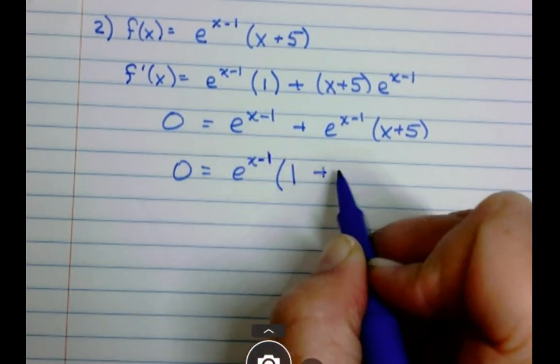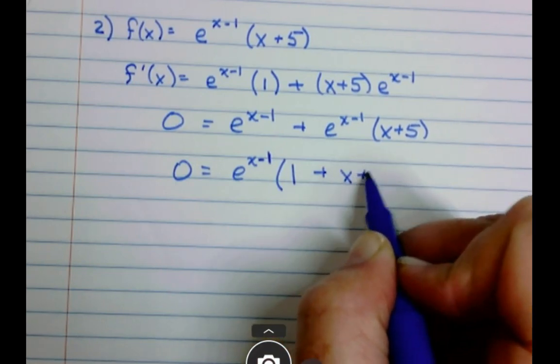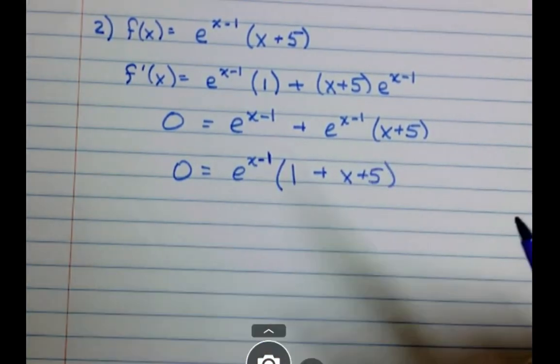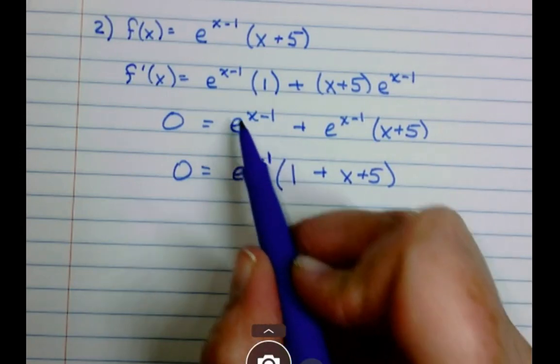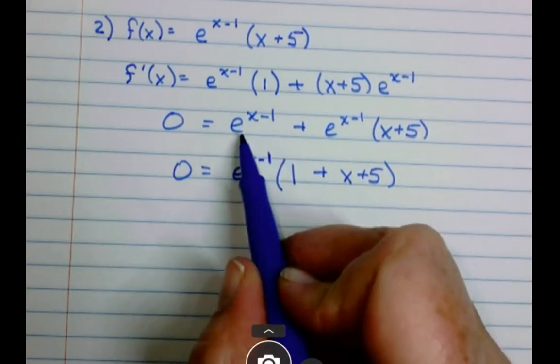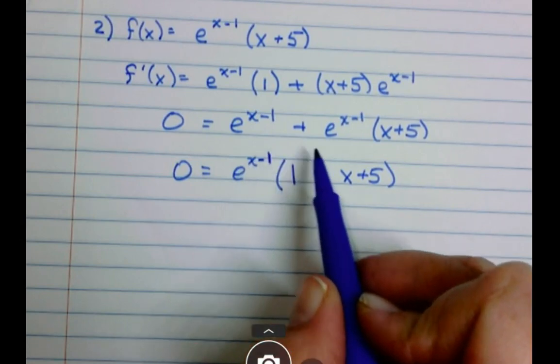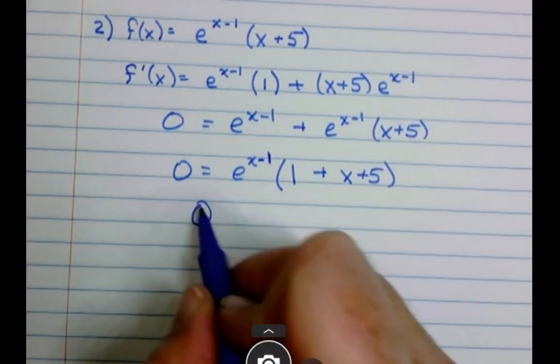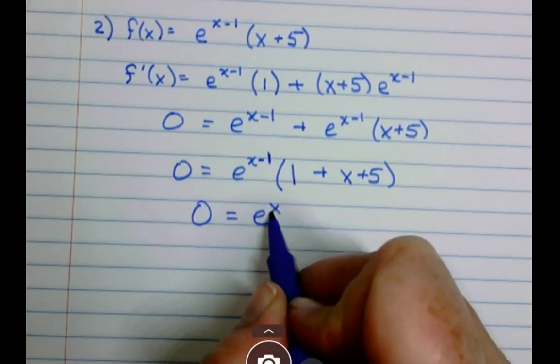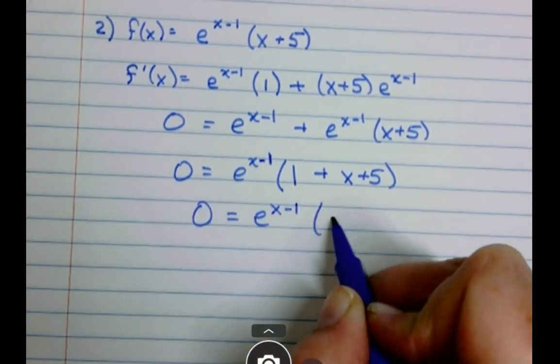And this term just becomes x plus 5. Then you can always double check when you factor out. If you were to distribute, would you get back to where you started? So that would take me back to there. And this would be e to the x minus 1 times x. Oh, good. And let's clean this up a little. That's going to be x plus 6.